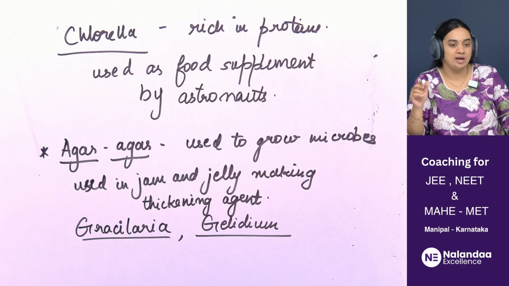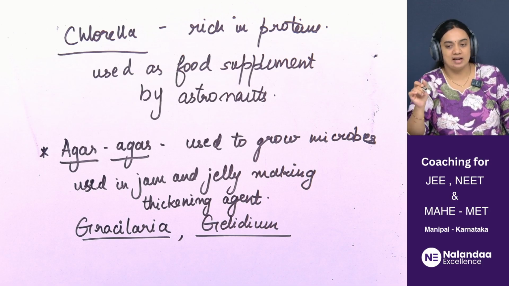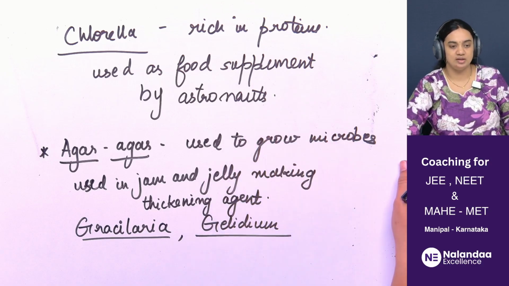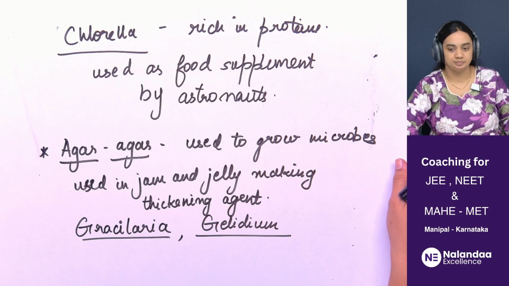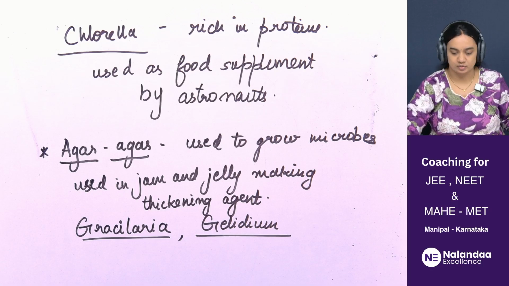And then we talked about hydrocolloids like algin and carrageen. Then is agar agar, used as thickening agent. And finally chlorella, that is used in space traveling, used as a protein supplement. Is this clear? This is about algae. So we talked about chlorophyceae, phaeophyceae and rhodophyceae and economic importance.